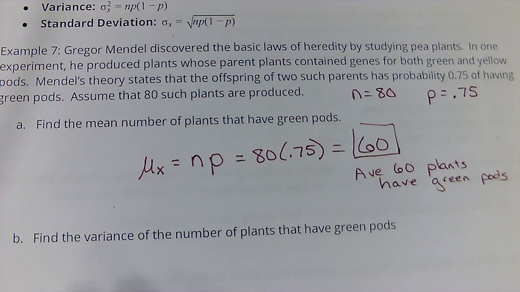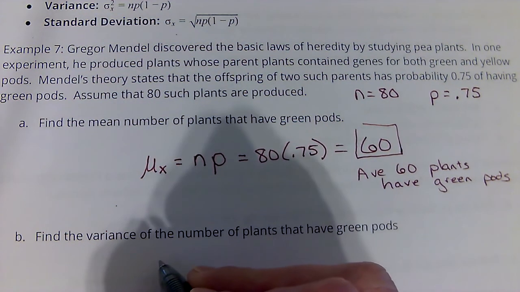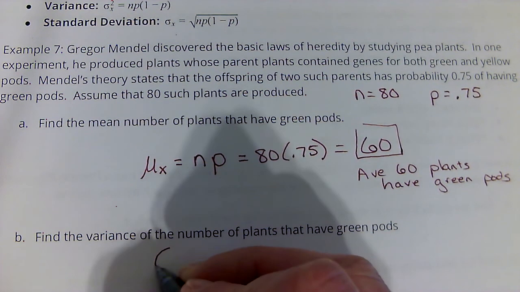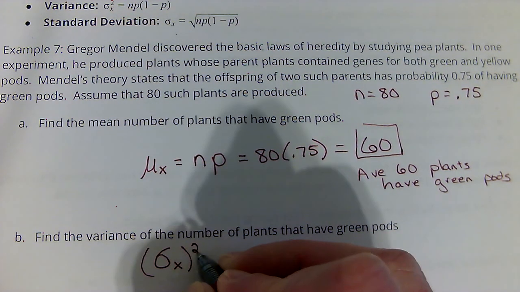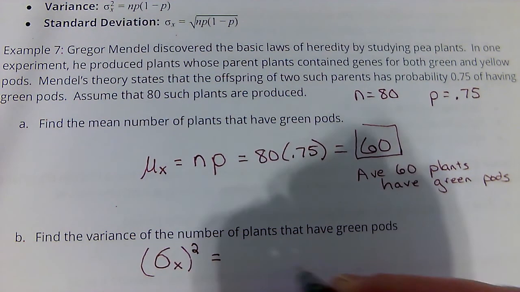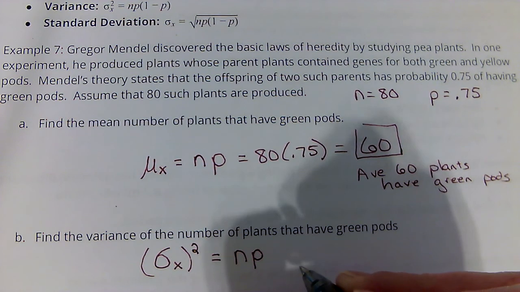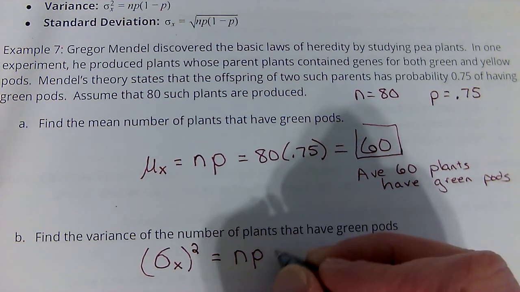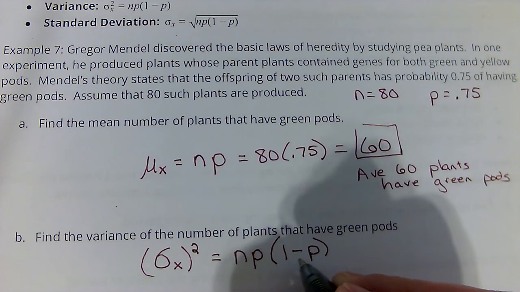Now, standard deviation and variance. So, variance using a formula is actually easier to get. Now remember, variance is the standard deviation squared. But the formula for variance is easier. It says n times p, right, we just found that, times 1 minus p.